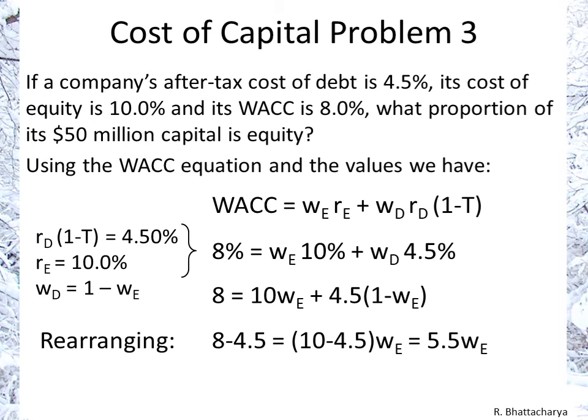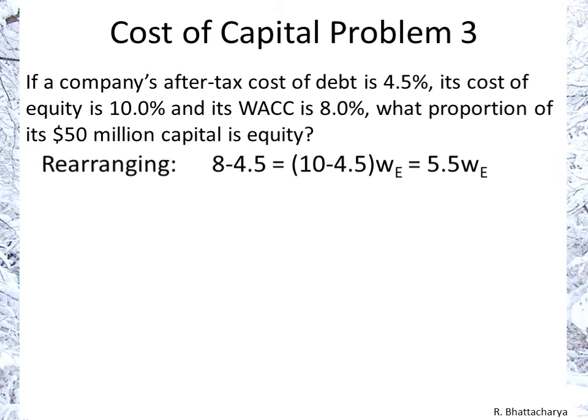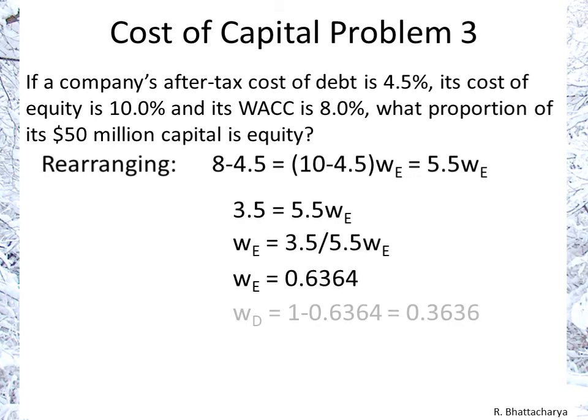In other words, 8 minus 10 is minus 2, and that'll give us 3.5 is 5.5 WE, which means the weight of equity is 0.6364, which means the weight of debt is 1 minus that, so 0.3636. And that is the relationship.